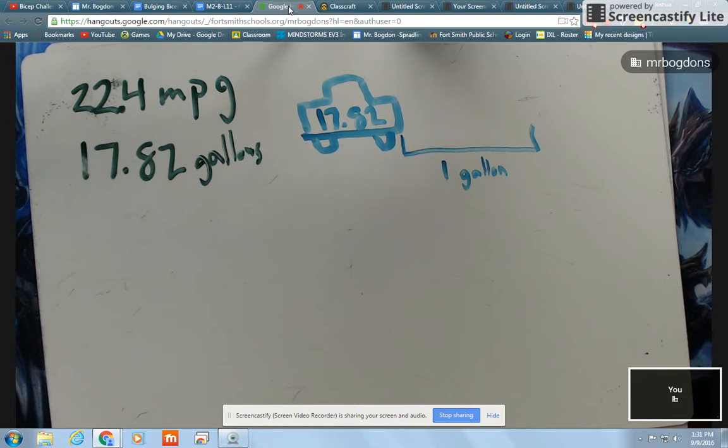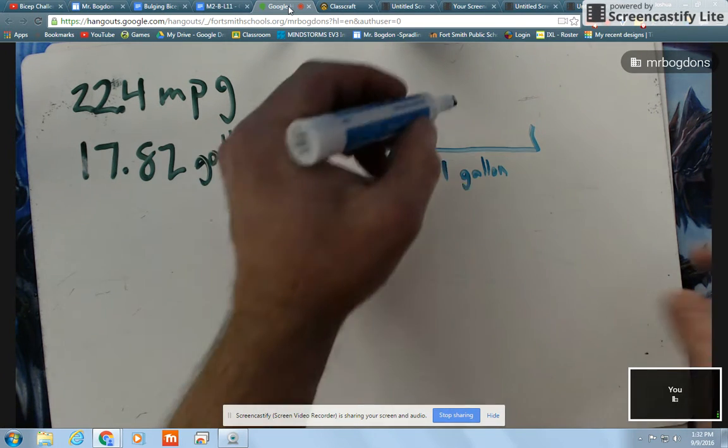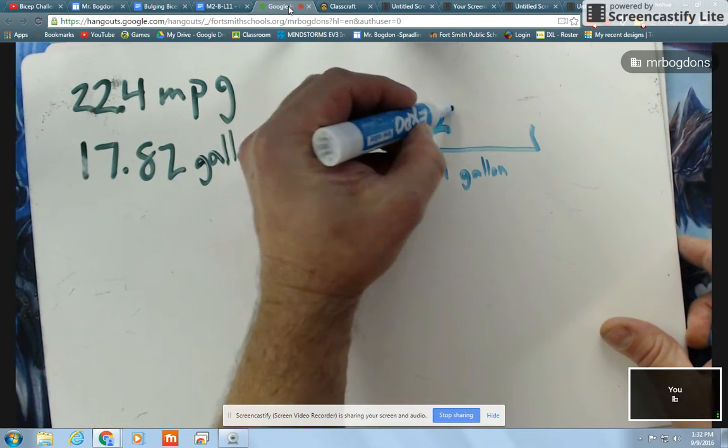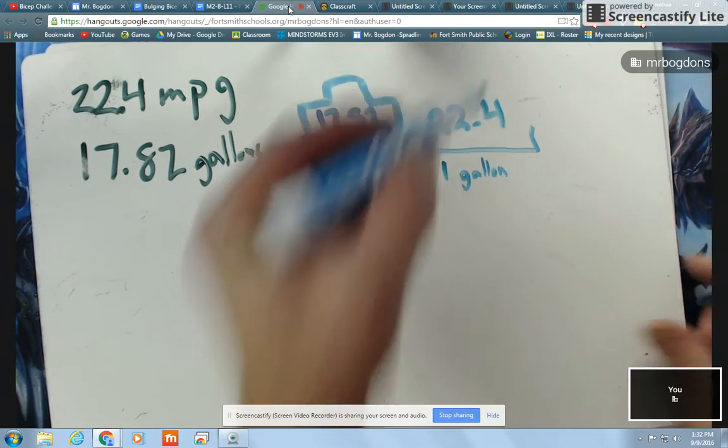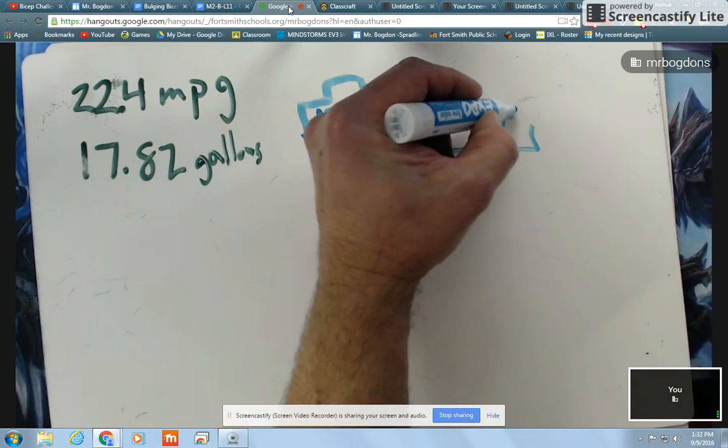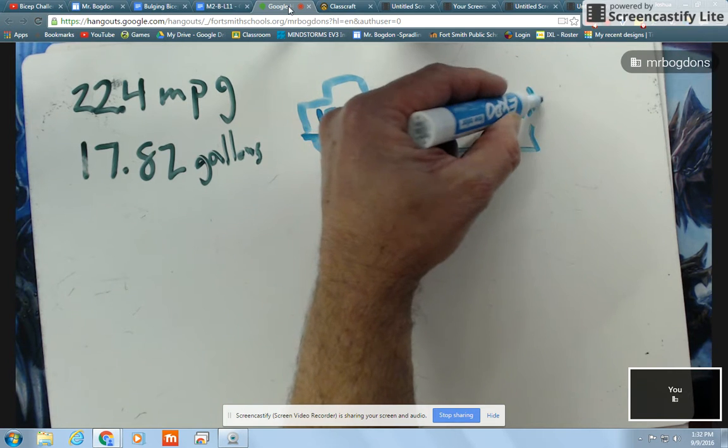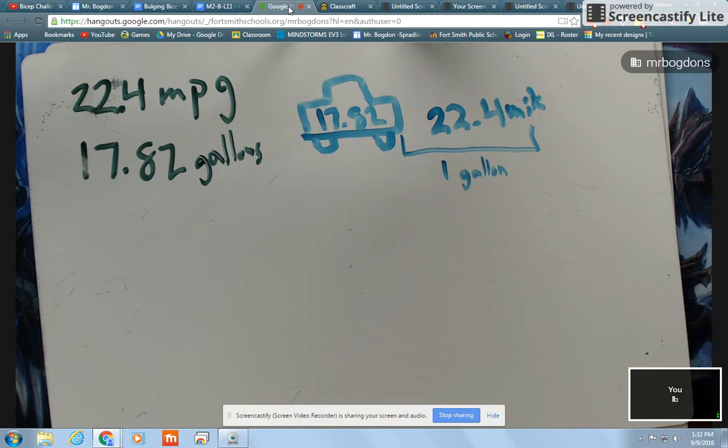What's my miles per gallon? Okay, so the first gallon of gas gets me 22 and 4/10 of a mile down the road. Do I still have gas left?